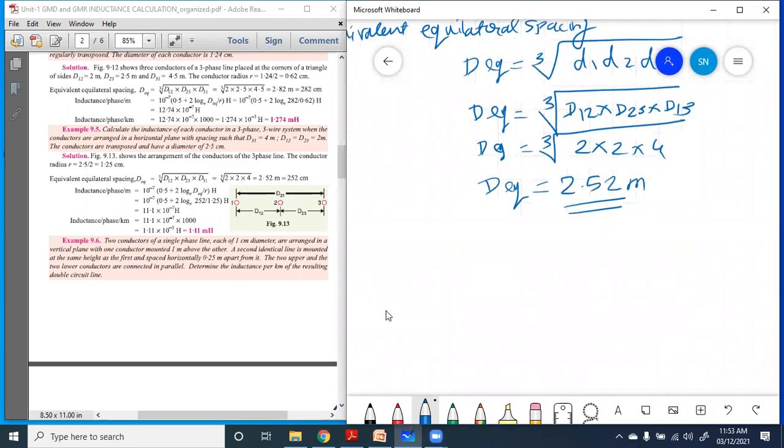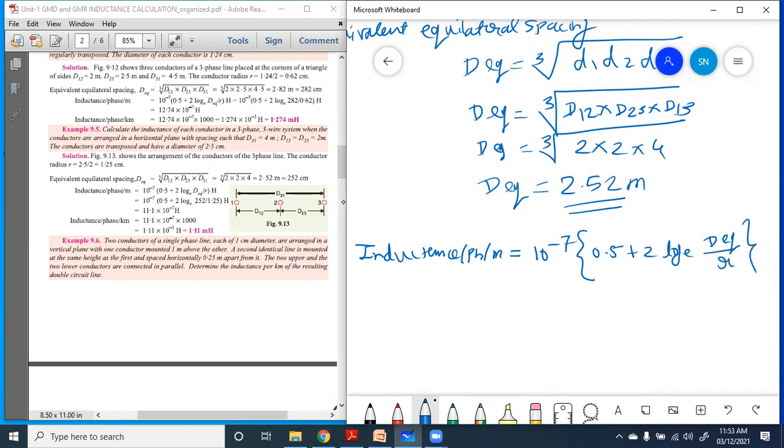Now what is the formula for such an unsymmetrical transposed line? Inductance per phase per meter is equal to 10 raised to the power minus 7 into 0.5 plus 2 log e of D equivalent upon the radius of the conductor.